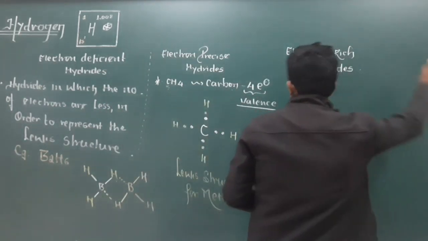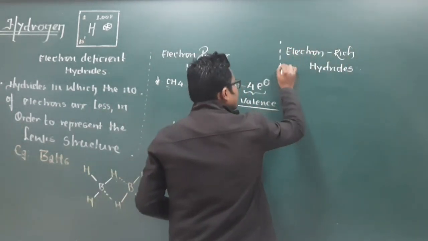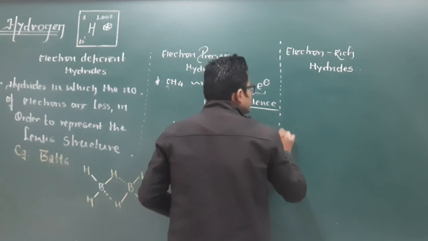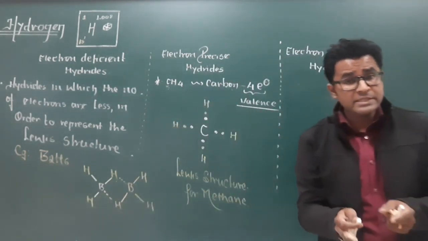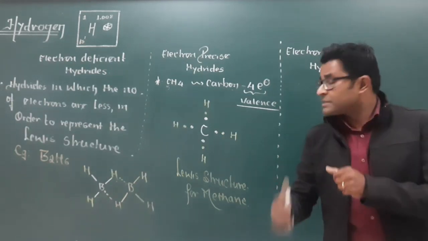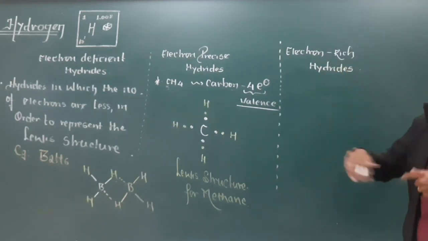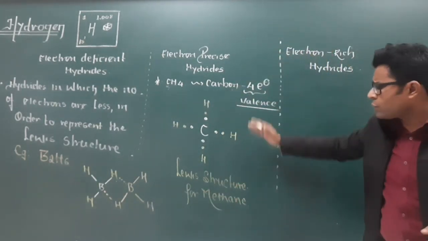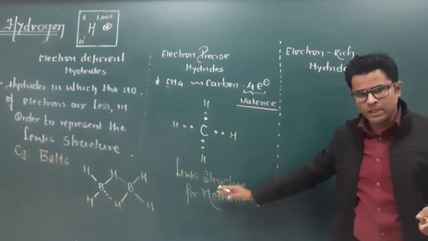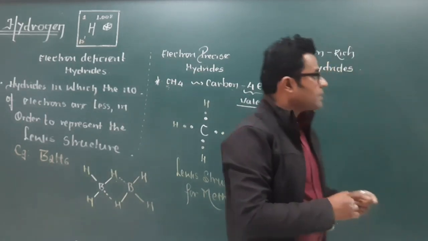So coming forward with the next one, that is going to be the electron-rich hydrides. Electron-rich hydrides means that in this particular case, the element has an excess number of electrons than what is required in order to represent the Lewis structure. Let us take some examples.